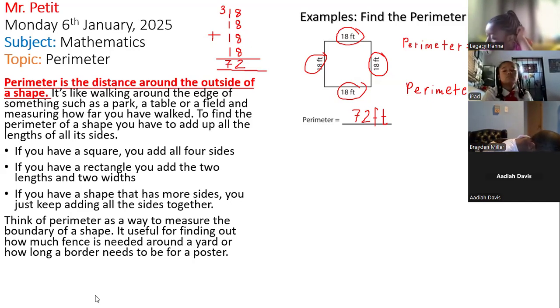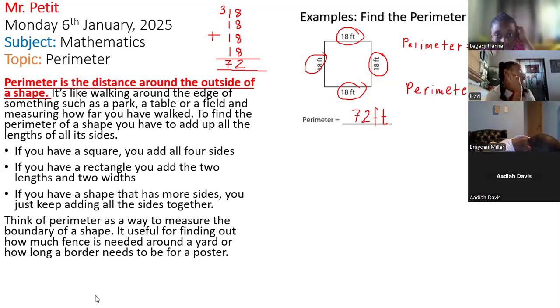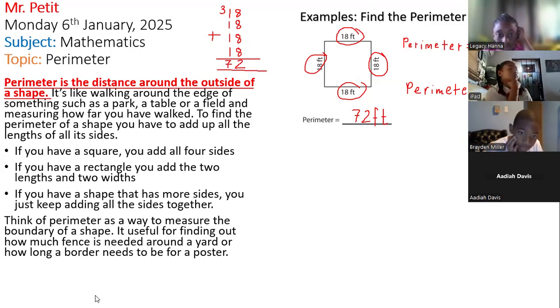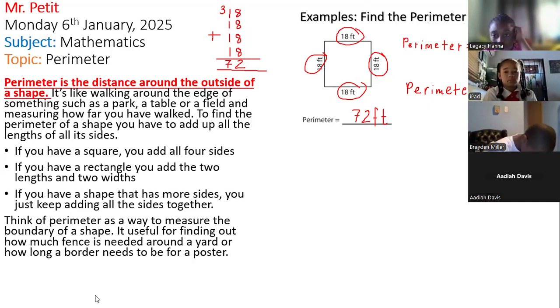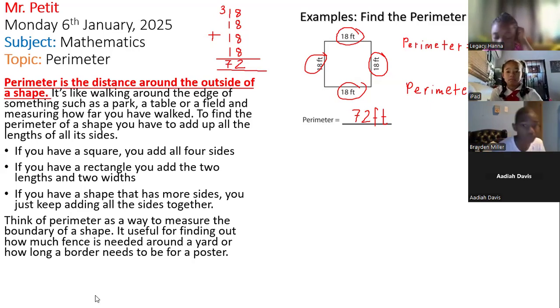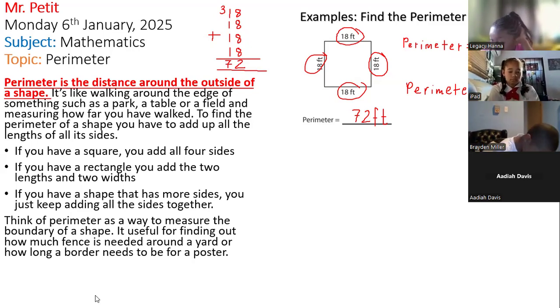Adaya, you said to add what? I said you keep adding 18 feet together. How many times? 4. 4 times, very good. Are you writing this down, Adaya, or are you just looking at the screen? I'm writing it down. Good.